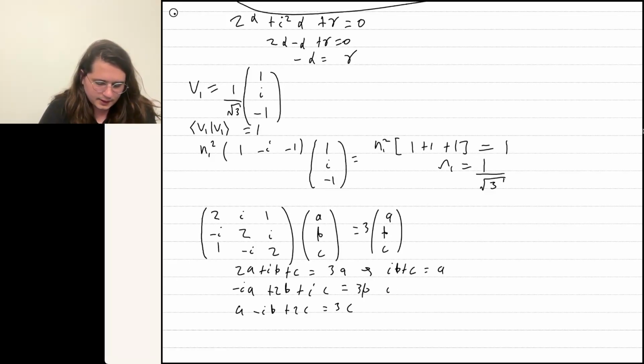It's actually a minus c equals ib, which is the same as this equation. And then on the third one, if you just cancel out c's on both sides, it's literally already the same equation, a minus ib equals c. These are all the same. So that's kind of strange.